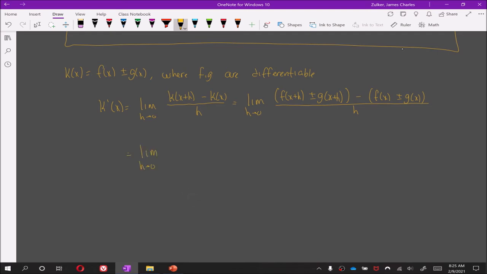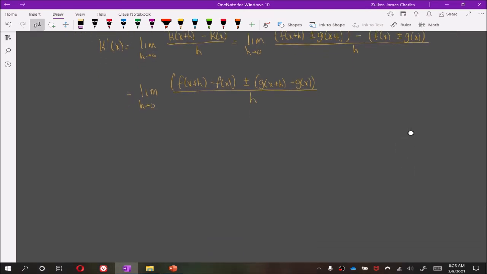Now what we can do is group this however we want. So let's group it this way. We'll have f of x plus h minus f of x, then plus or minus g of x plus h minus g of x, all over h. And we can write this now as two fractions.